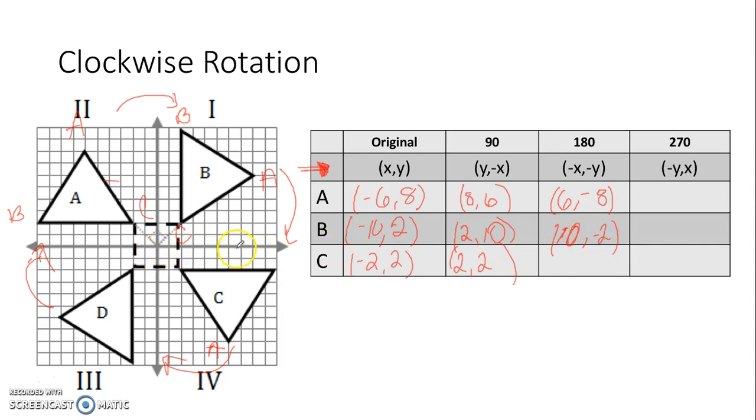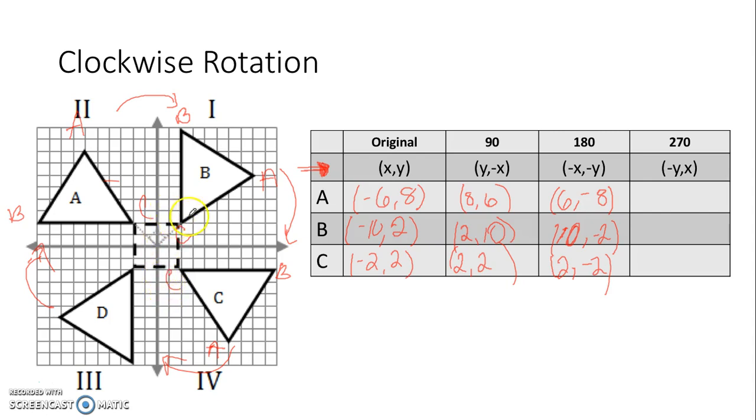So let's take a look. Positive 10, negative 2. That would be B. And then last but not least, they stay the same, but the signs are opposite, so positive 2, negative 2. And that is what we got here for C.